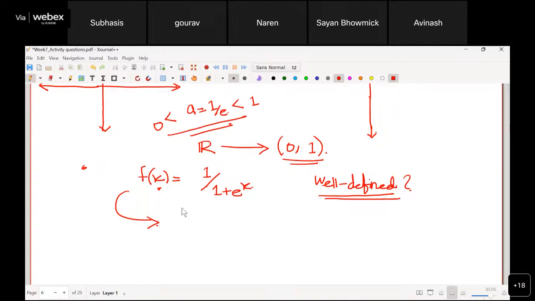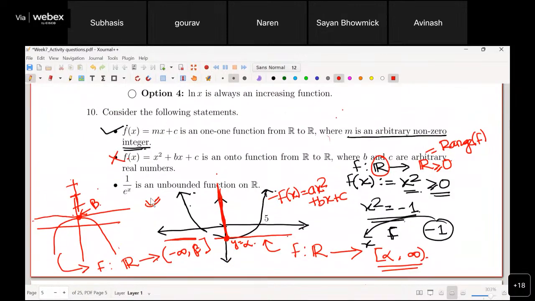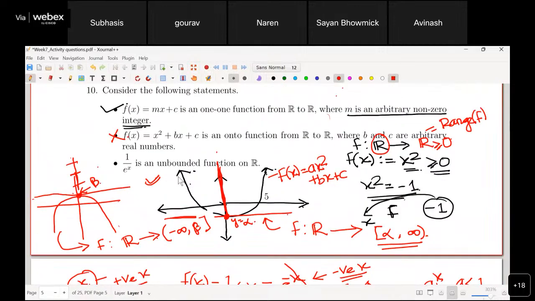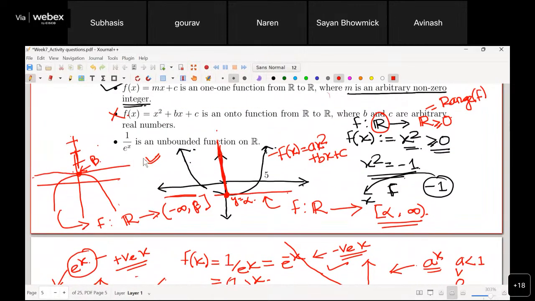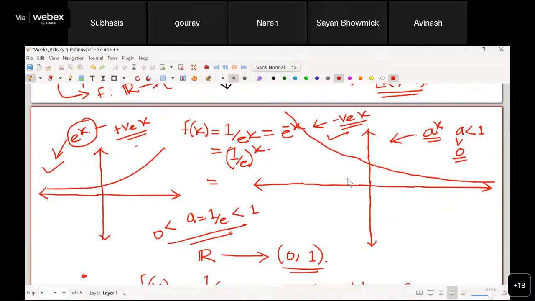The third statement, 1 by e power x, we can see that it is... No, it's an unbounded function. Certainly, the range is basically 0 to infinity.